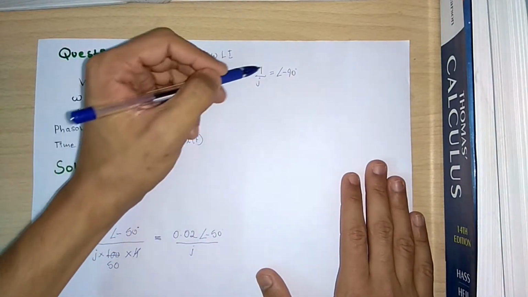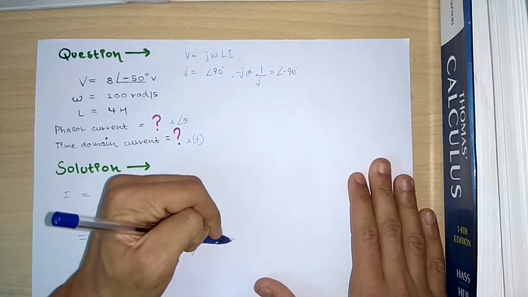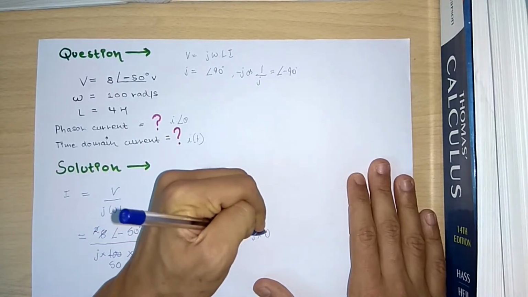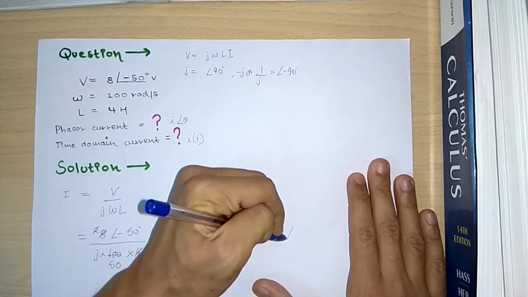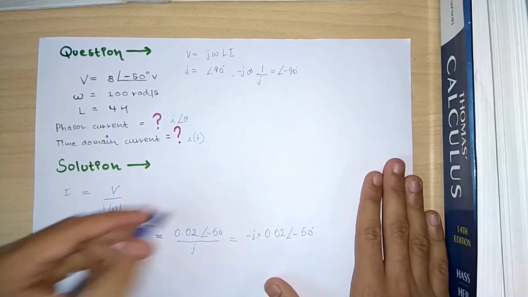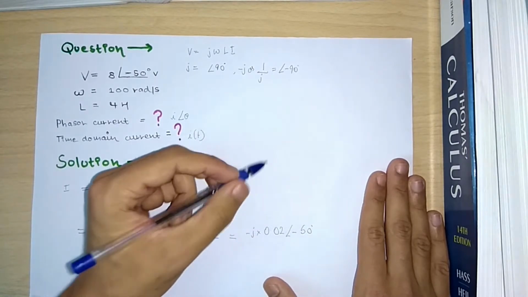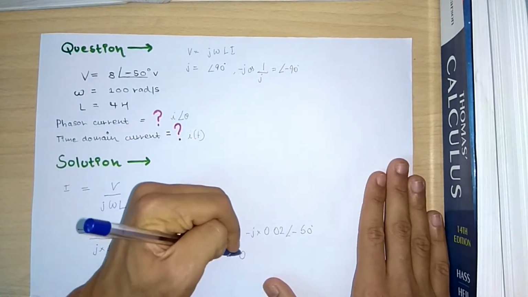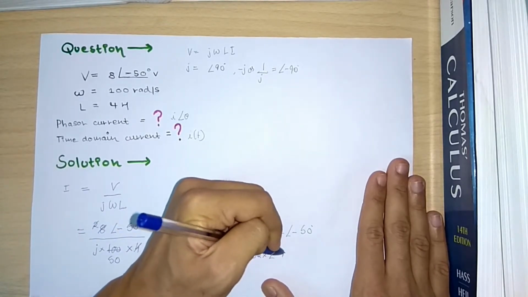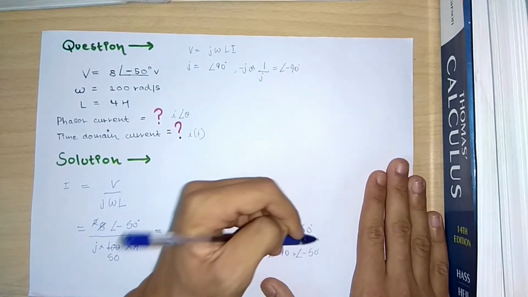Now since 1 upon j is pretty much the same as minus j, I can write this in the form of minus j into 0.02 into angle minus 50 degrees. And now we'll replace minus j with its phasor form value, which is 0.02 into angle minus 90 into angle minus 50.